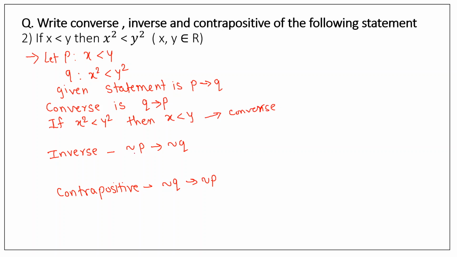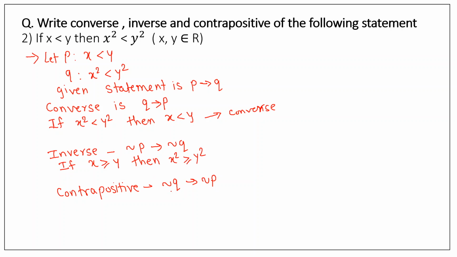Next, inverse, negation P implies negation Q. If X is greater than or equal to Y, then X square is greater than or equal to Y square. This is the inverse.